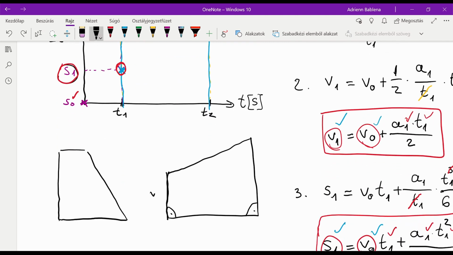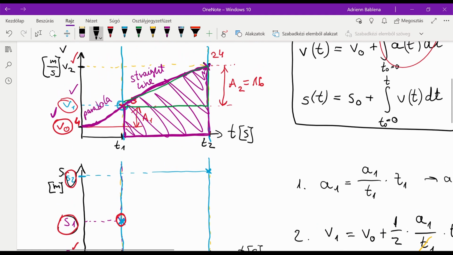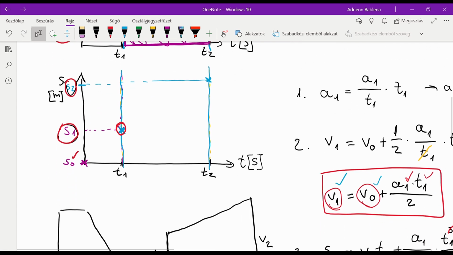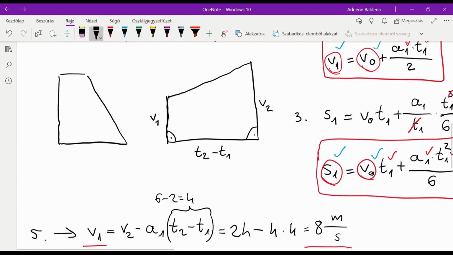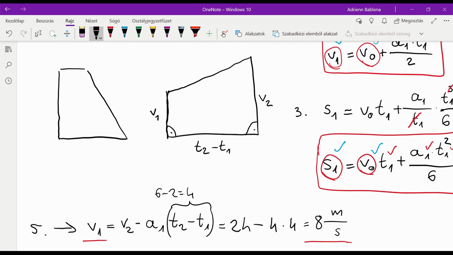Doesn't really matter the name of the parameters. The horizontal side is t2 minus t1, and you can calculate the area of this shape in this way: v2 plus v1 over 2 times t2 minus t1.